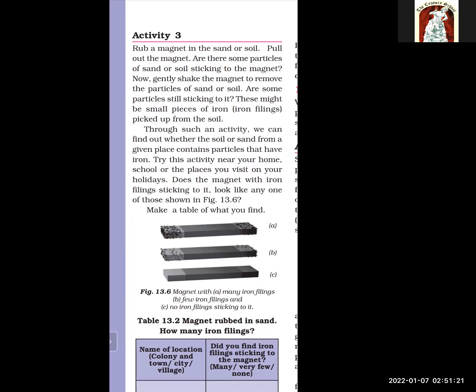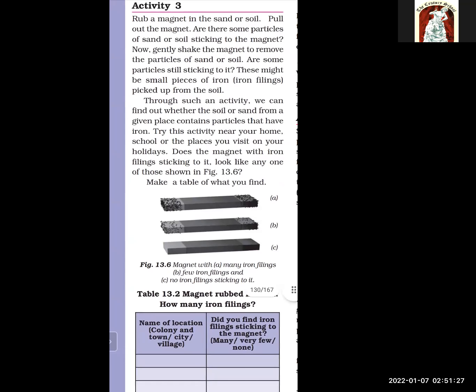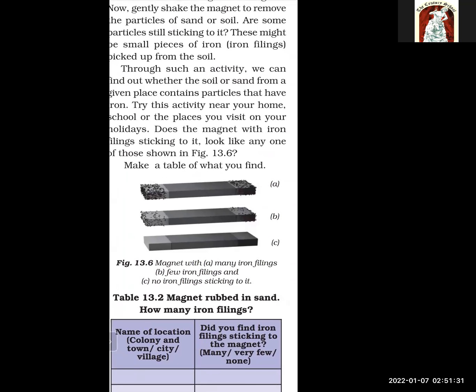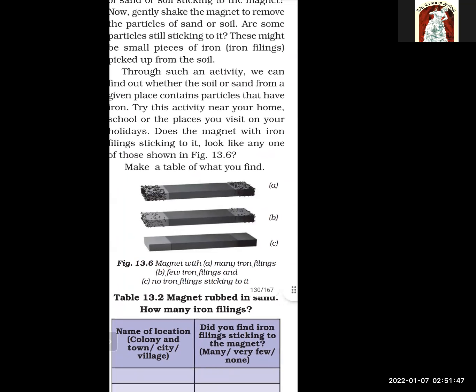Does a magnet with iron filings sticking to it look like any of these? Yes, these are the three figures, and some iron particles are sticking to the magnet. In C, there are no iron particles. In B, some small particles are sticking, and in A, more iron particles are sticking.